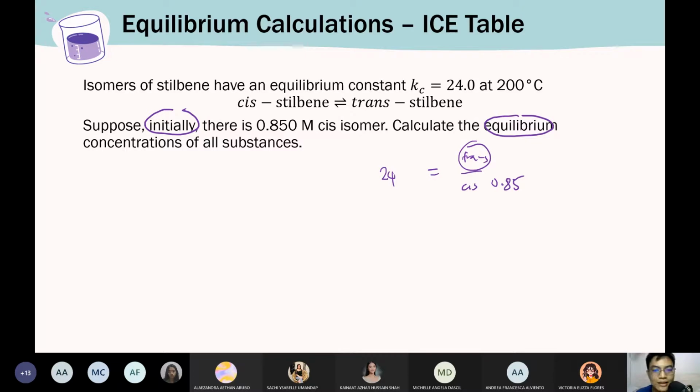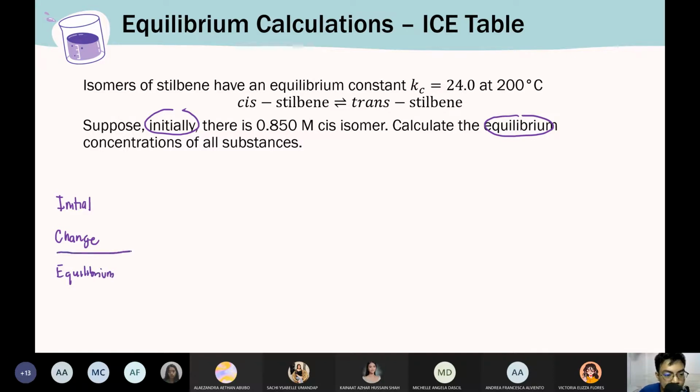Hindi sila gagana. So, kapag ganito yung problem nyo, binigay yung initial amount, hinahanap yung equilibrium, you need to use an ICE table. So, what is an ICE table? ICE stands for initial, C is the change, and the E is the equilibrium.